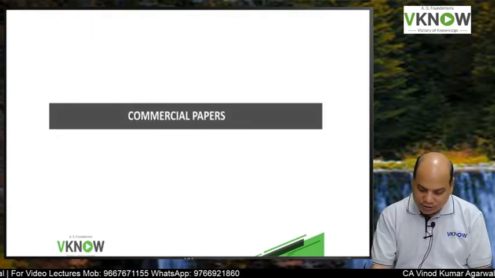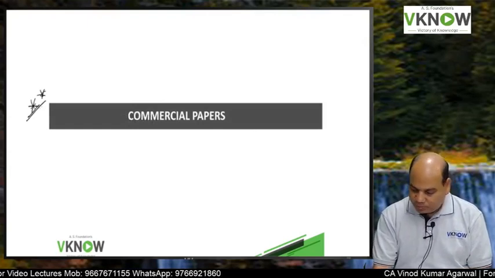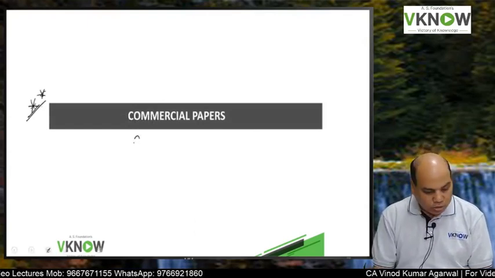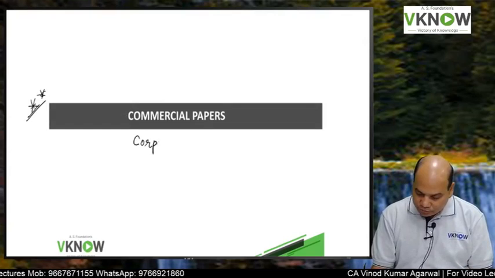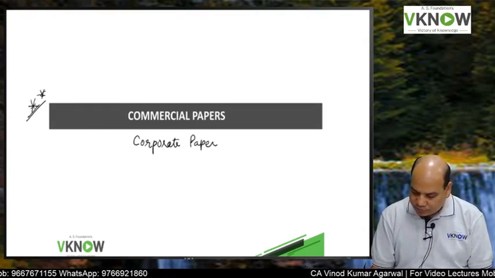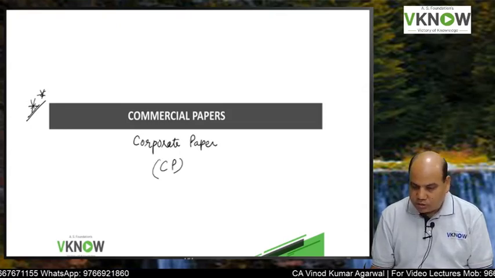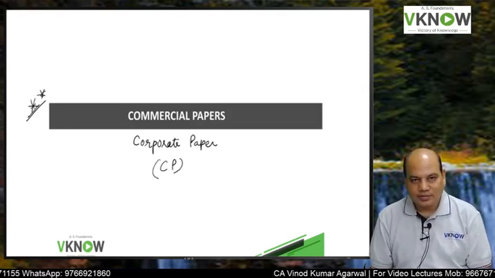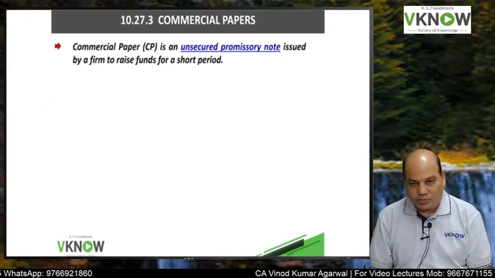Next, tick, commercial paper, also called corporate paper, write down. In short, it is called CP, commercial paper or CP.